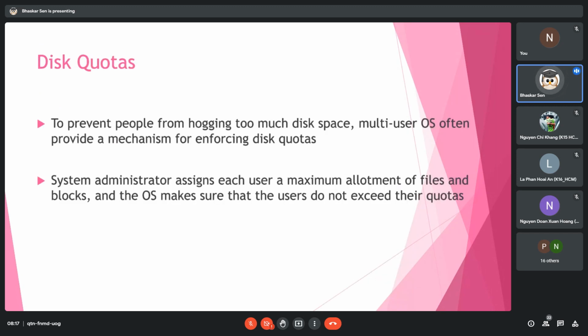Quota is another word. If you're not familiar with this word, a quota is something allocated to you. During this COVID situation, the government gave a quota: every citizen with social insurance will get some benefits, but it is a limited amount. That could be in terms of money, 2 million.